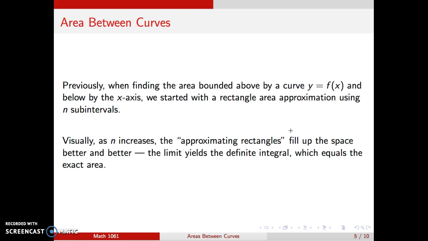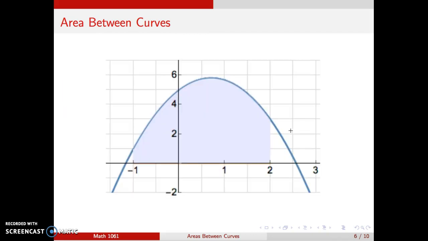So when we first started doing this way back when, we found the area by starting with an approximation. And so let me jump ahead to this graph. So the idea was we split this up into a bunch of subintervals of equal width. I'm not worried about how accurate that is, except that's pretty bad. Something like that.